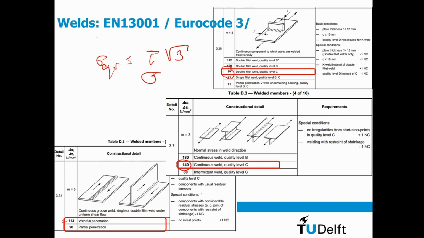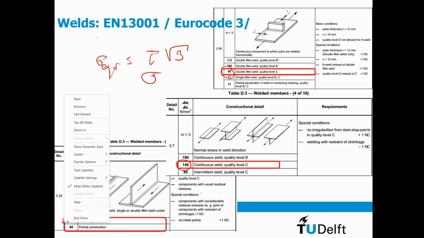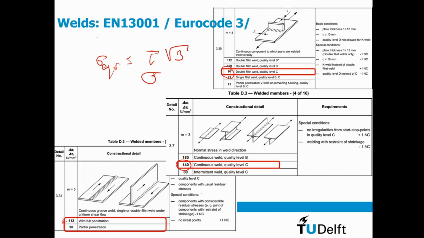So if I have a fatigue limit here of 112, I need to multiply that with 1.7. Yeah, so the vulnerability, if we compare this into an equivalent stress for shear, is lower than for stresses perpendicular to your weld.